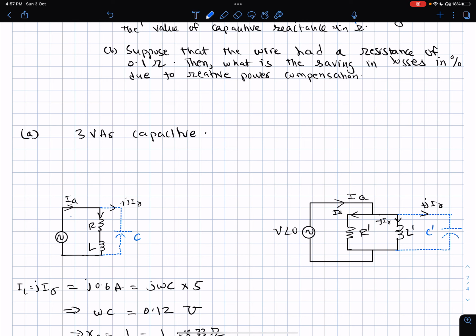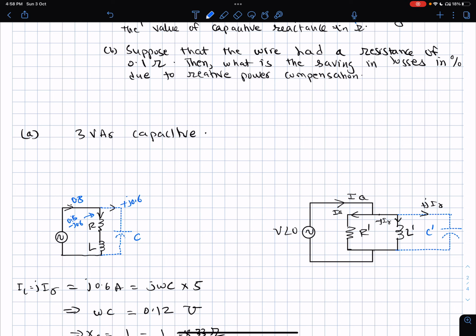in this part here is 0.8 minus j 0.6. Now, if I connect a capacitor here, and if the capacitor pulls a current of j 0.6 amperes, then according to KCL, when I sum these two currents, I'll get the incoming current, which will become exactly equal to 0.8.